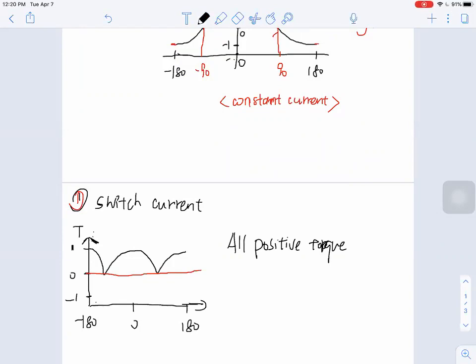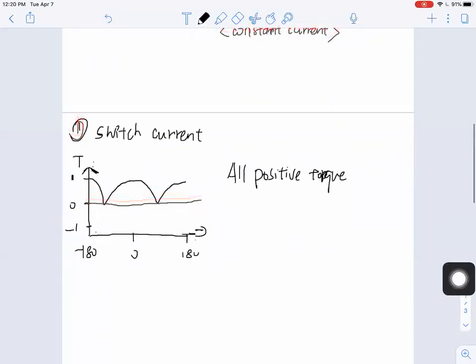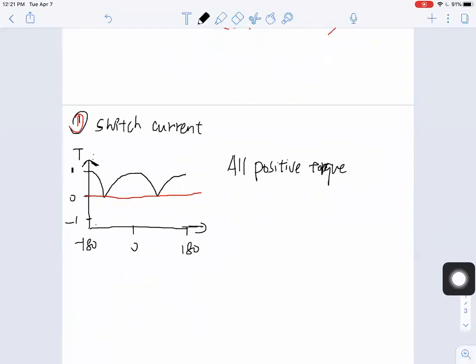As you can see, at both positive and negative 90 degrees, we have 0 torque. That means the motor will be really weak at that particular angle. So what we can do to improve that inconsistent torque output is add more wire loops.